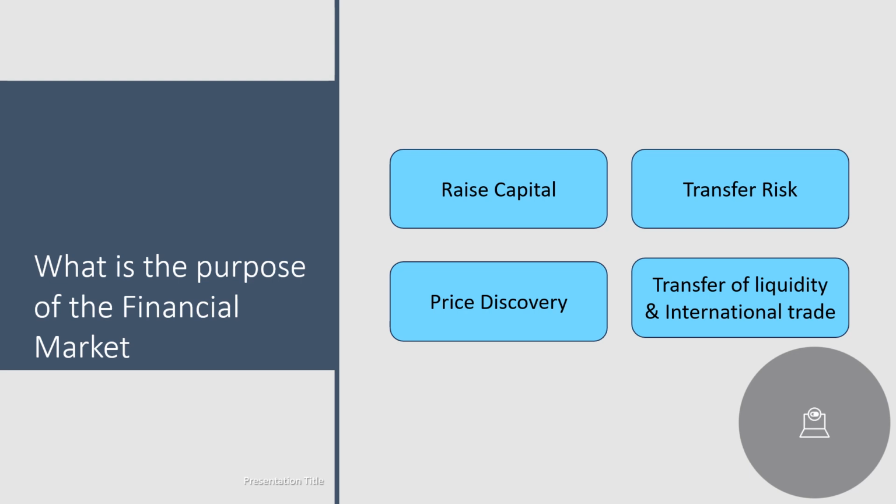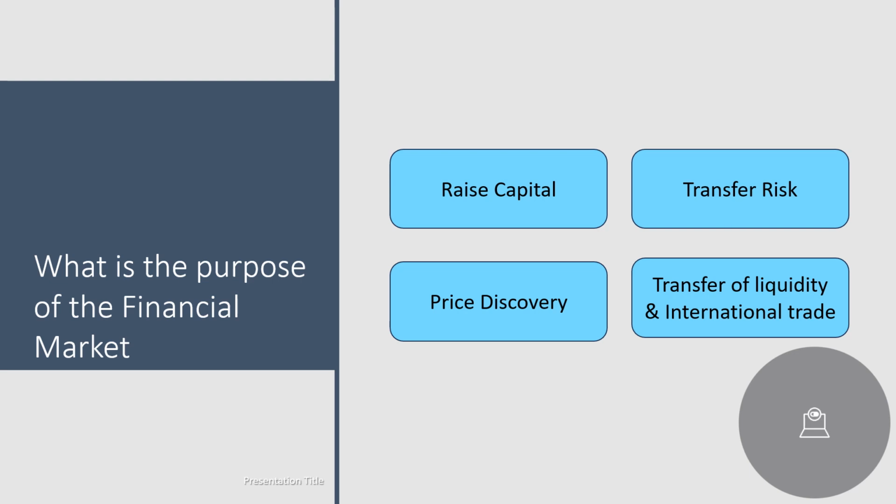Let me help you to understand that the purpose of the financial market, and of companies listing their shares on a stock exchange, is mainly for them to raise capital. That's their primary objective, so that people can buy into their company, into their future valuation and future growth, and be a part of that company's growth, essentially.